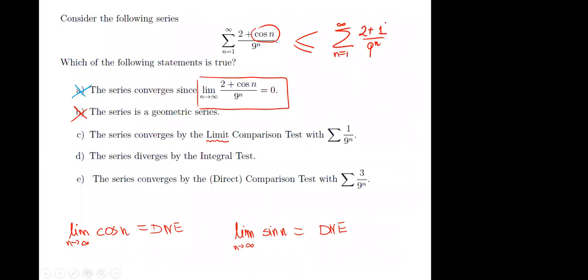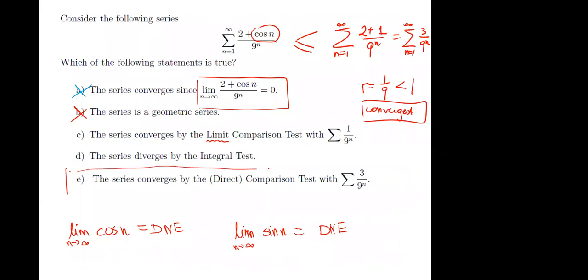Now you can see we do have 3 over 9 to the n, just 1/9 taken to the power of n. That means this is the common ratio, less than 1. This is a convergent geometric series. If it's convergent, everything that is smaller is convergent.